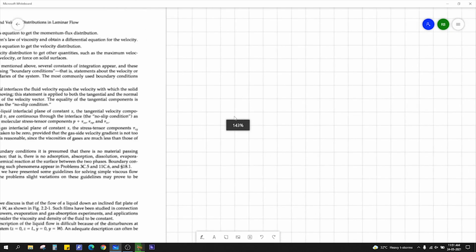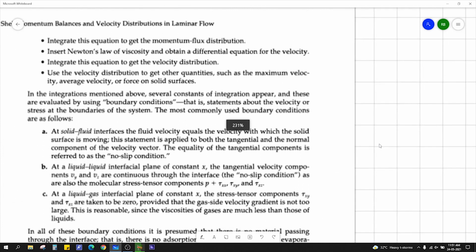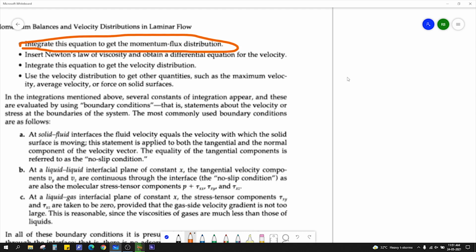Okay, the next step will be to integrate that differential equation. So if you integrate that, you will get the momentum flux distribution. You will get tau_x as a function of something, okay, x or y, it can be anything.